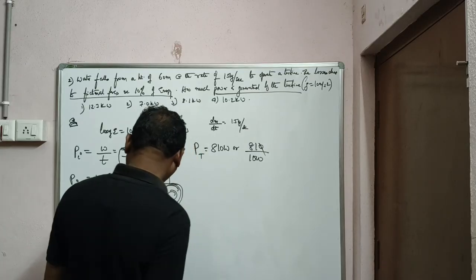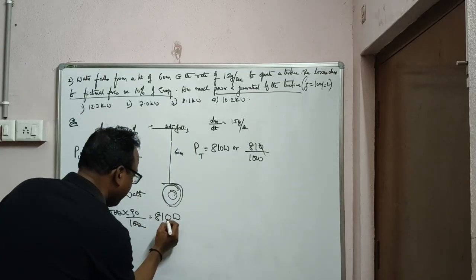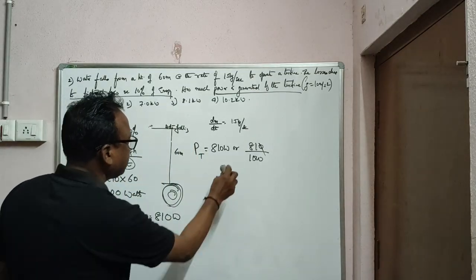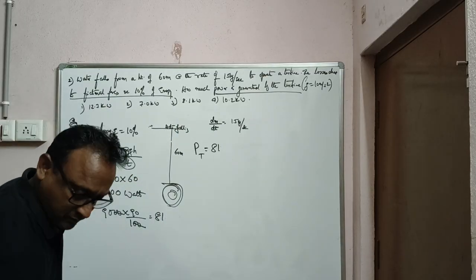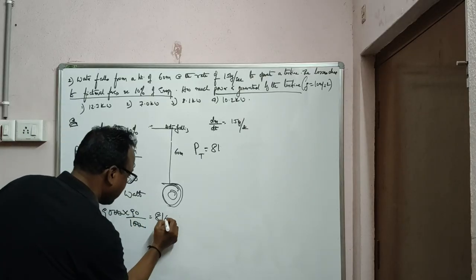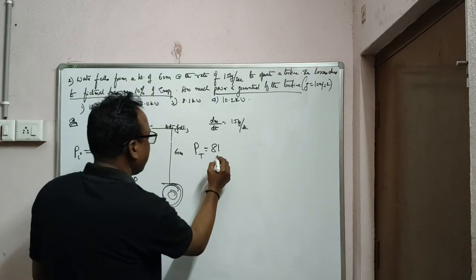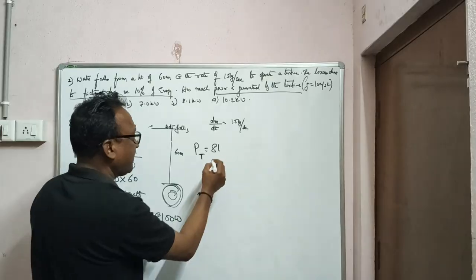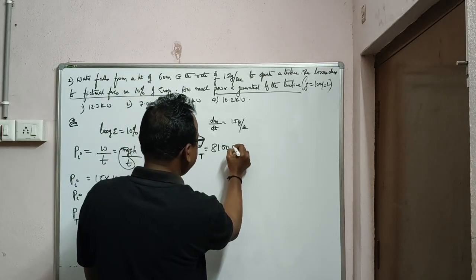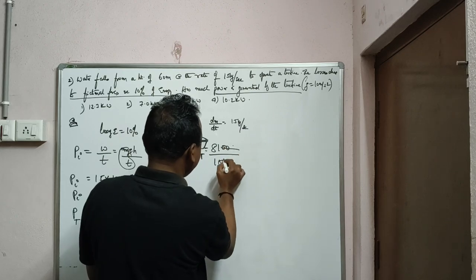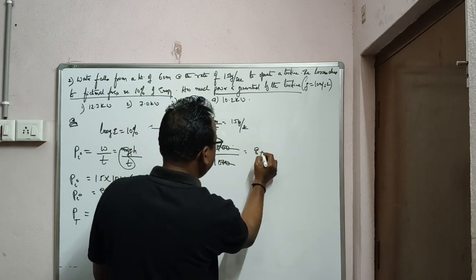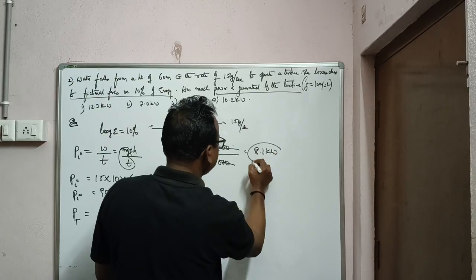Sorry, there are two zeros: 8100 please. 9 nines are 81, with two zeros, 8100. Therefore power generated by the turbine is 8100 watts, divided by 1000, that is nothing but 8.1 kilowatts.